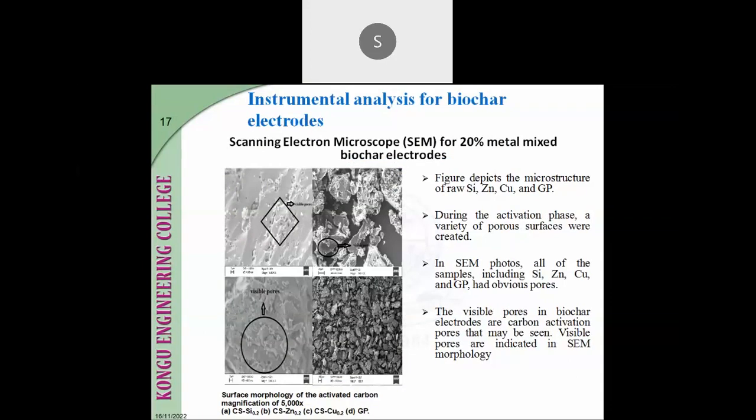Okay. So I think we have discussed the characteristics, and of course the instrumental analysis for the biochar electrodes, as various analyses have been performed. The first one is SEM, the scanning electron microscope, which shows the 20% metal mixed biochar electrodes.